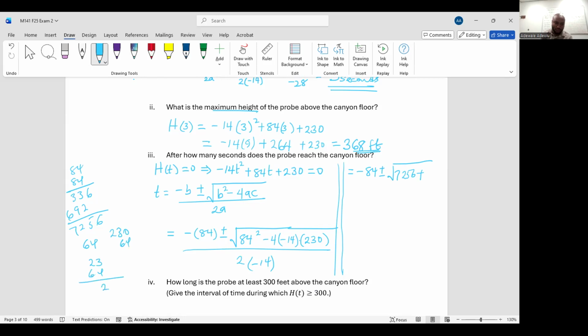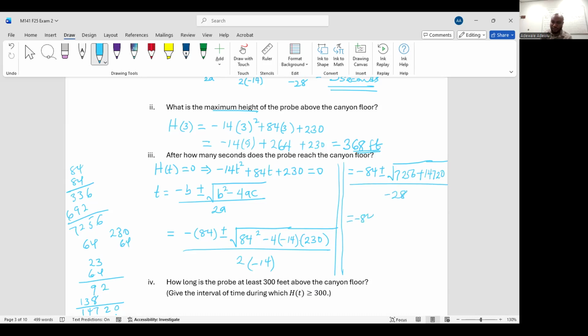So that is 12880. Then I have 12880 divided by negative 28.